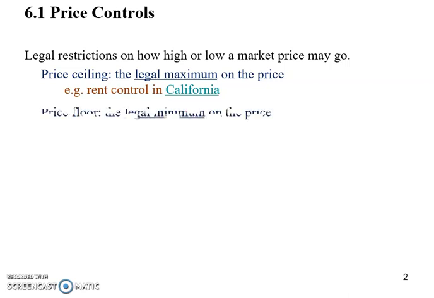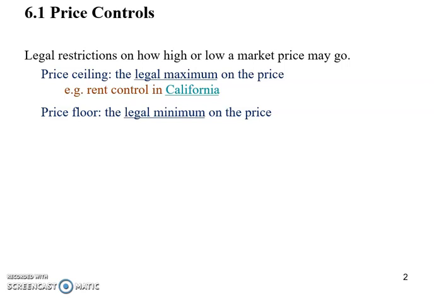And we also have the second type of price control, which is price floor. The price floor is a legal minimum on the price. Again, it works just like the physical floor of our house or classroom. We always stay above it. So on a market with a price floor, everybody needs to stay on or above the floor.